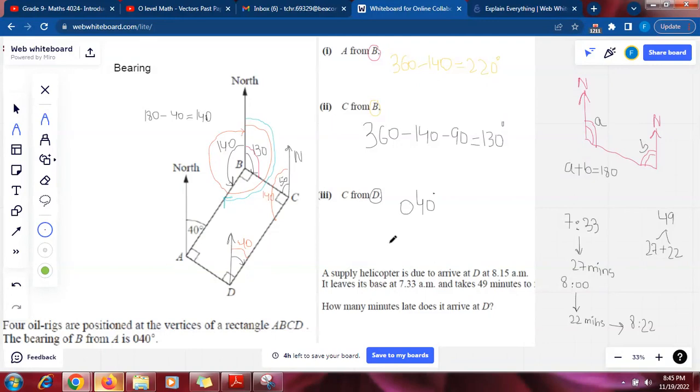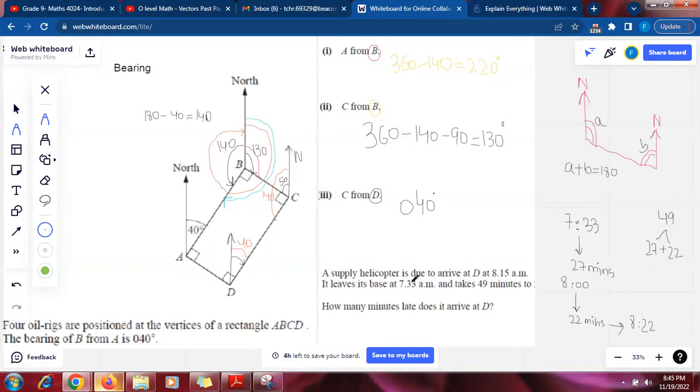So moving on to the last part. The last part is: a supply helicopter is due to arrive at D, and the time is 8:15 a.m. It leaves its base at 7:33 a.m. and it takes 49 minutes to reach point D. How many minutes late does it arrive at D? So this is basically a time problem.